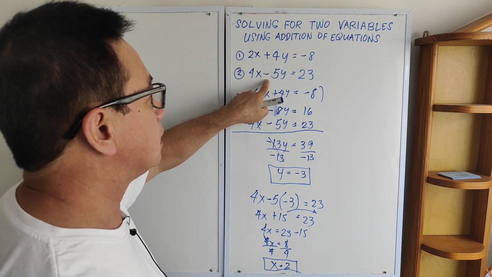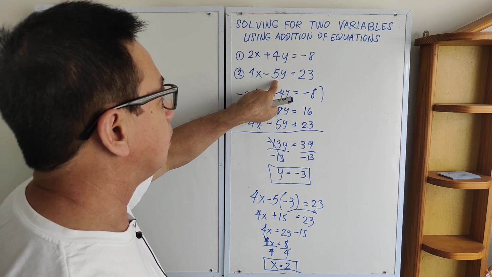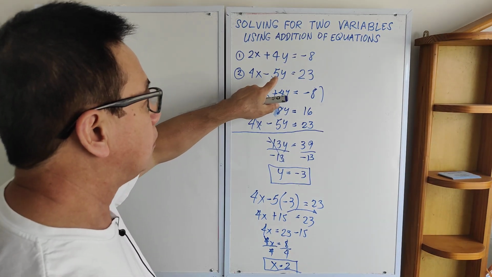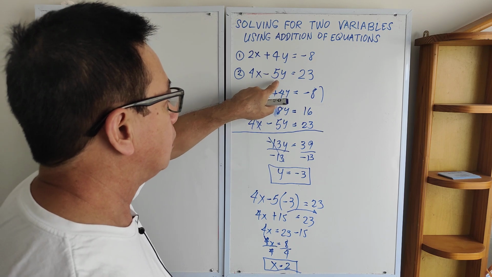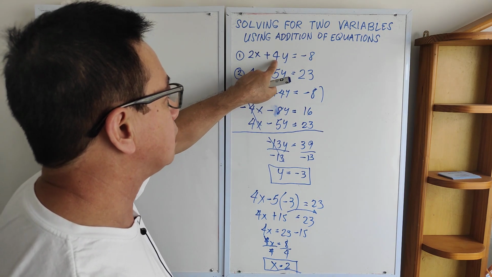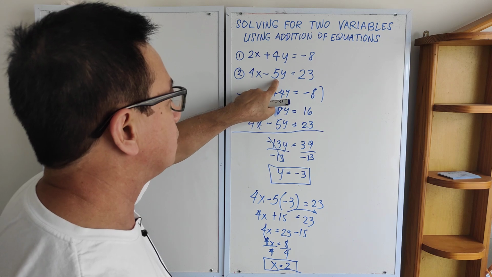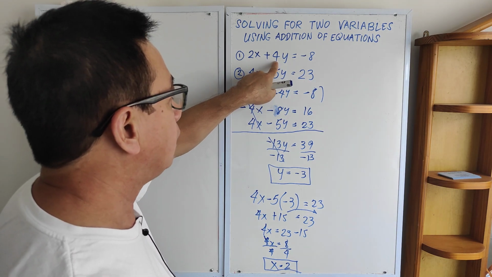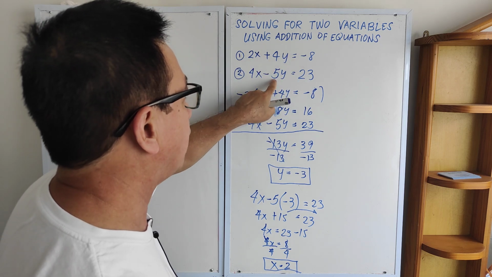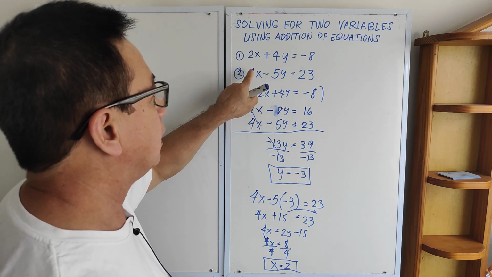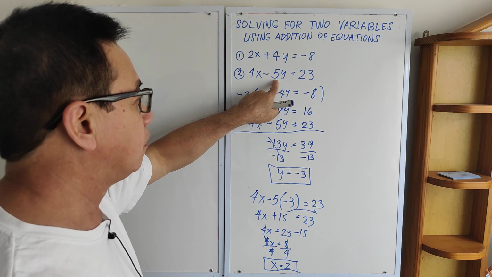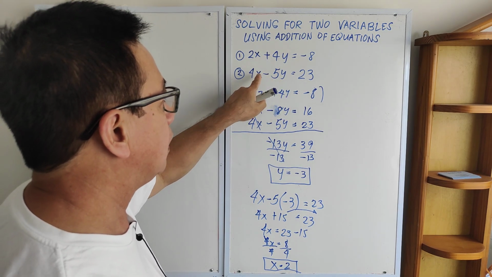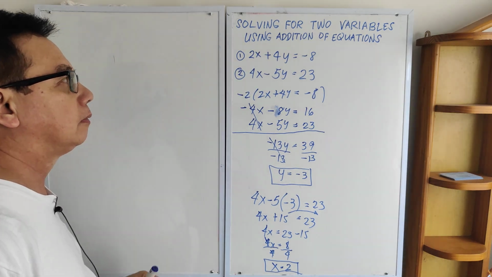They already have different signs, so we just need to make them into the same number. To make them the same number, usually we multiply this by this number and we multiply this by this number. So this one, 4y, we multiply by 5 because this is 5. And then in here, this is 5, we multiply it by 4 and they will get the same number.